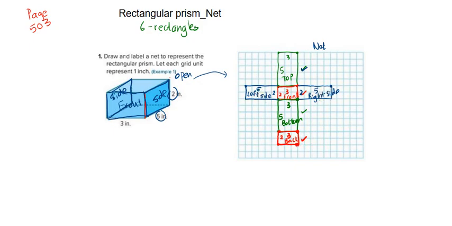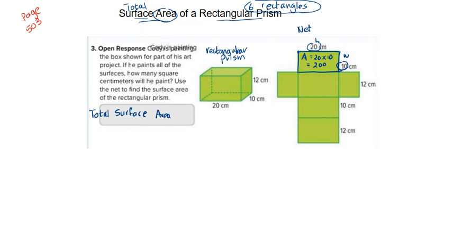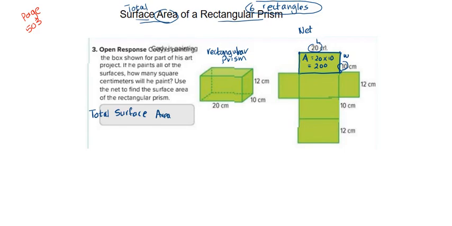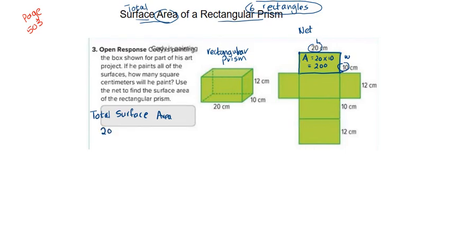So similarly, when you're finding the surface area of a rectangular prism, if you find the area of one of the rectangles, there's going to be a matching rectangle. So if that one is 200, then the total surface area will be 200 plus another 200.